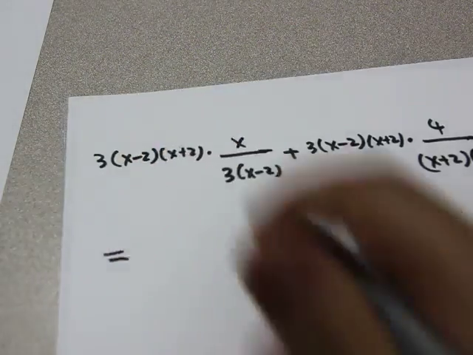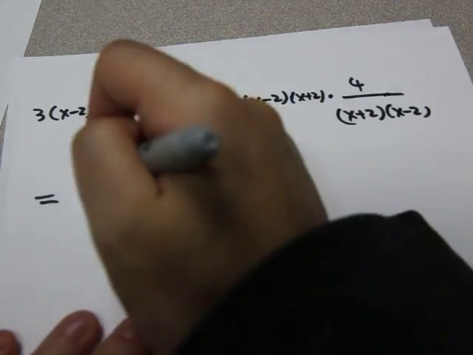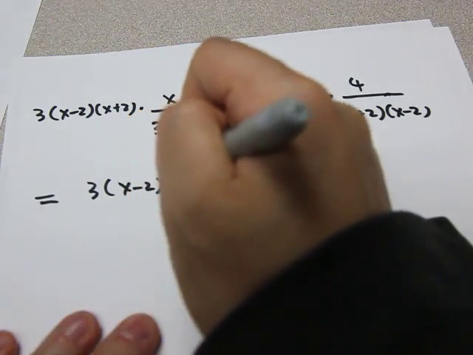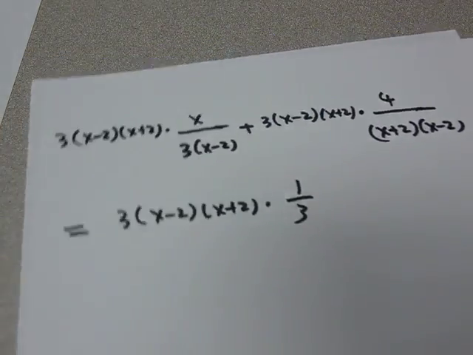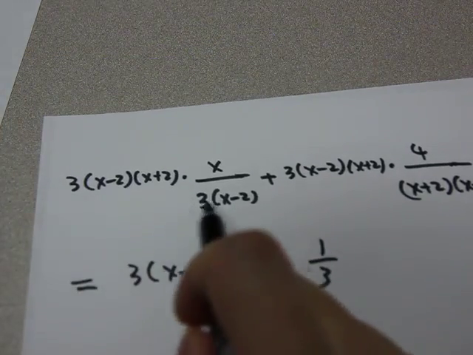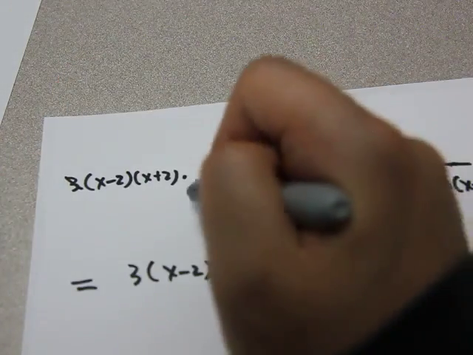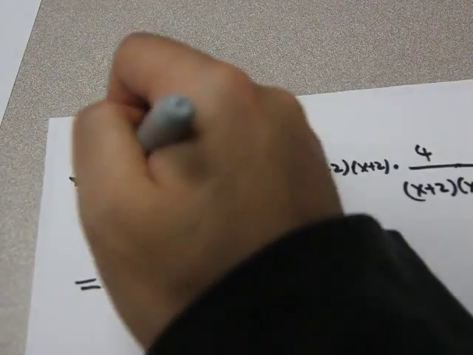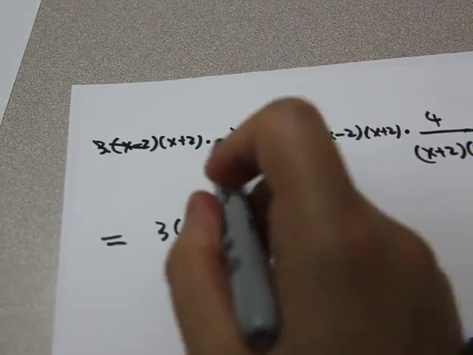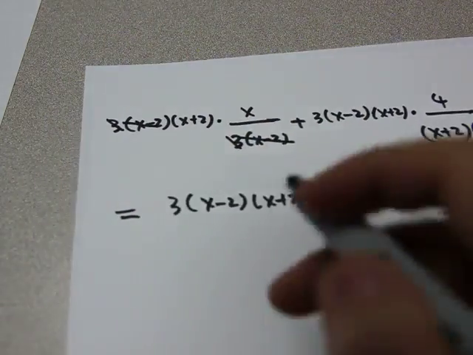Now equal 3 times x minus 2 times x plus 2 multiplied by 1/3. Alright, so the first term, 3 are cancelled out, and the x minus 2 are cancelled out. So we are left with x times x plus 2.